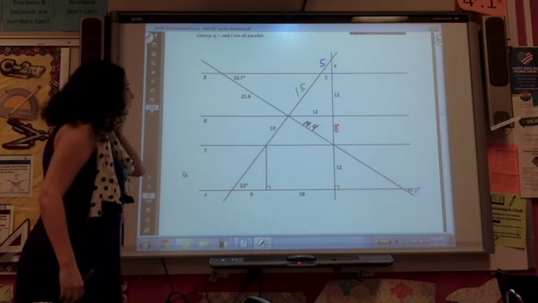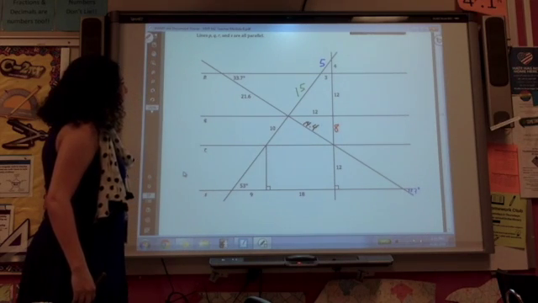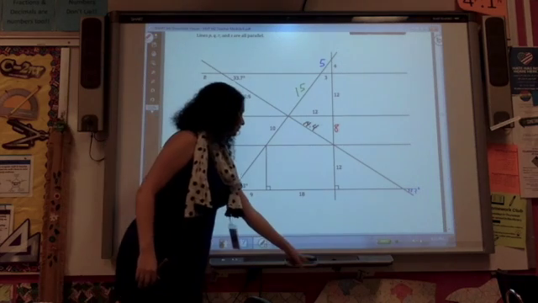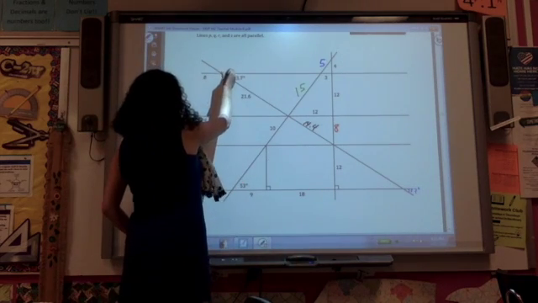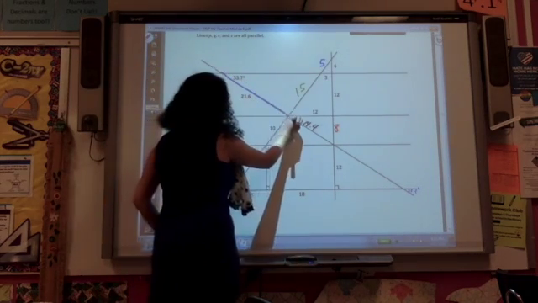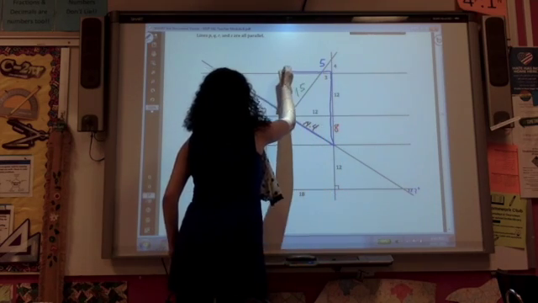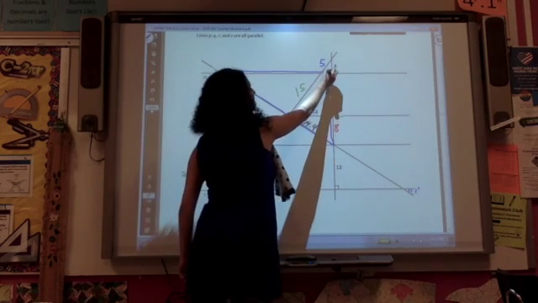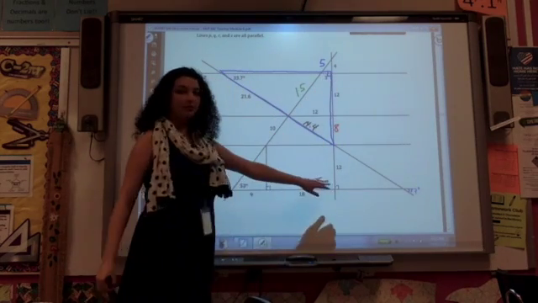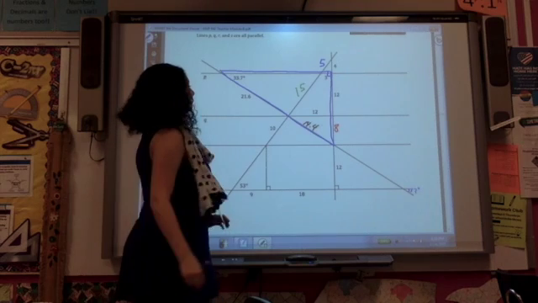Alright, what other side lengths do we need? Let's go back to blue. I'm going to look at this big triangle right here. As before, I have a right angle here because of the corresponding angles.